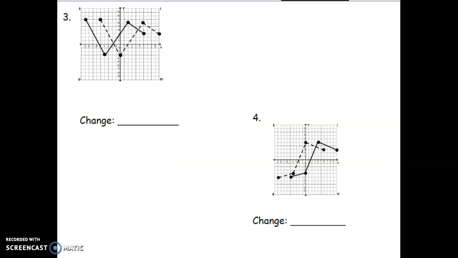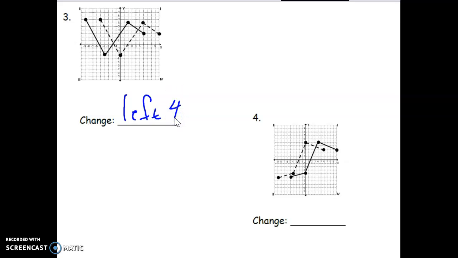Okay, let's try number 3 and 4 because those are different. In both of these cases, just like before, the original one is the dashed one and the transformed one is the solid one. Our dashed one has moved to the left: 1, 2, 3, 4. They all have been moved left 4.